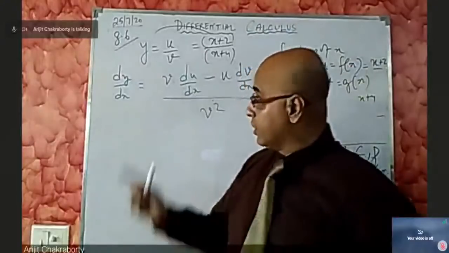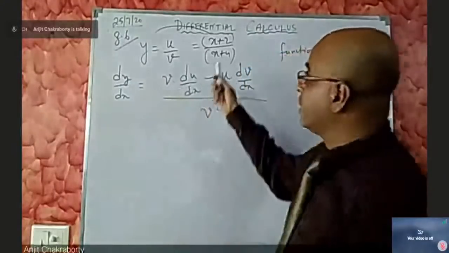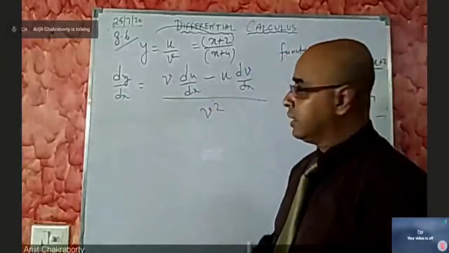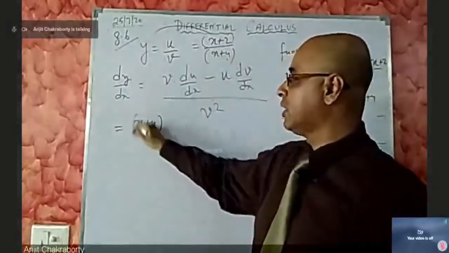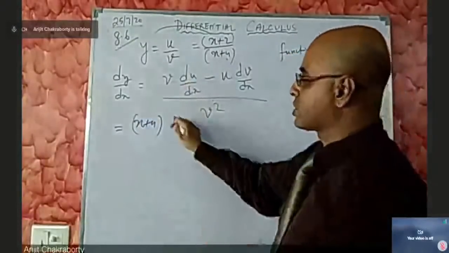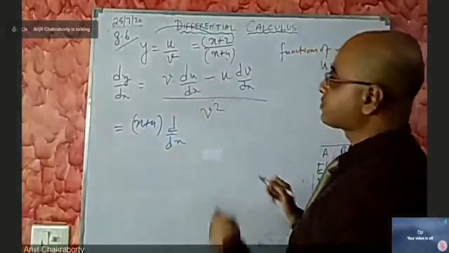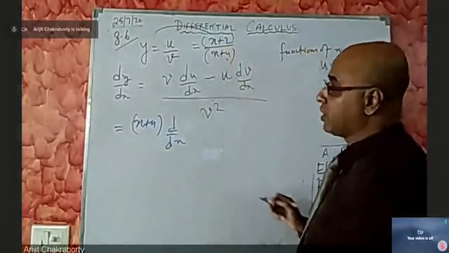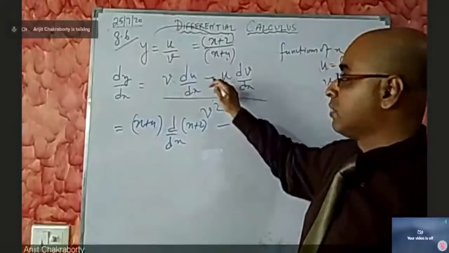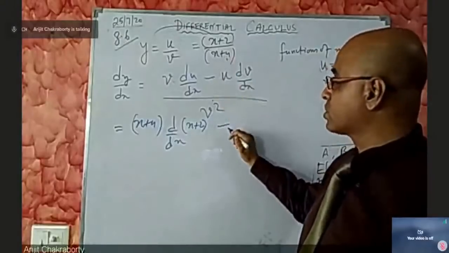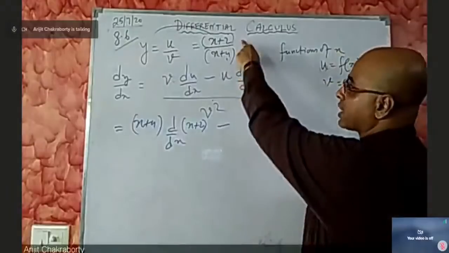Right? So we take up v first. V is x plus 4. Correct? So I keep v outside. X plus 4 is kept outside. I do d/dx of x plus 2, the first function. So x plus 2. Minus, please remember the minus sign here. Minus u. U is x plus 2.